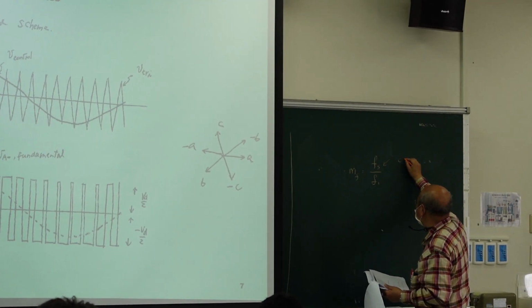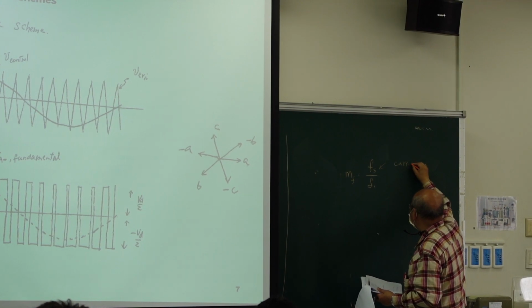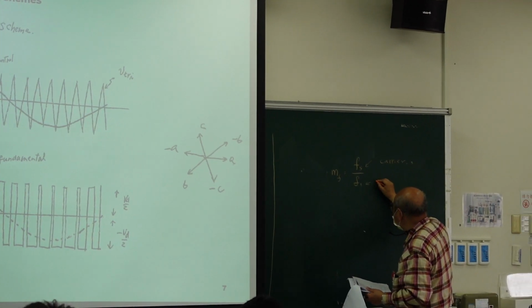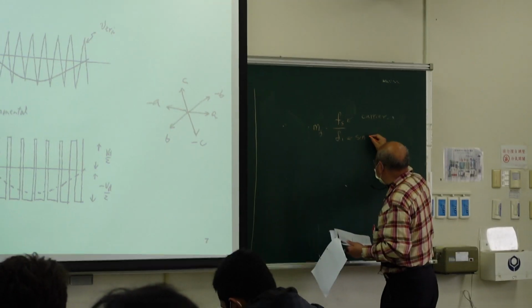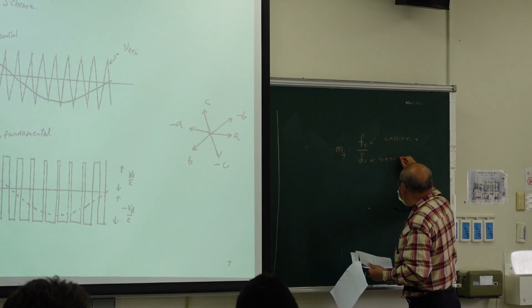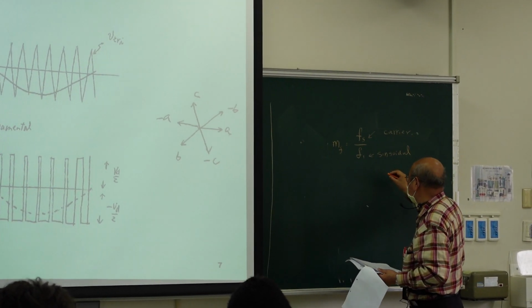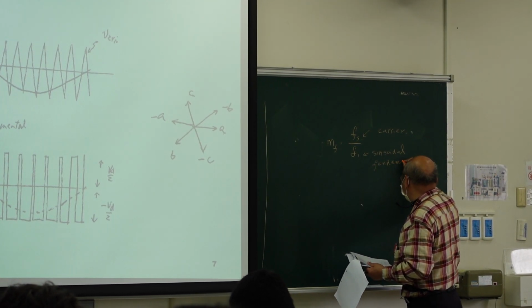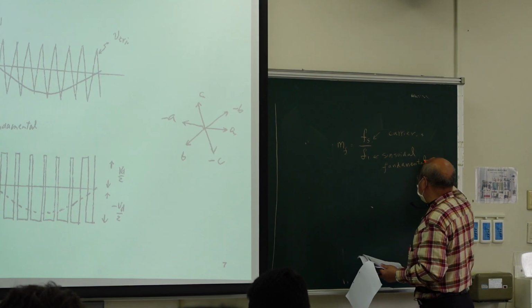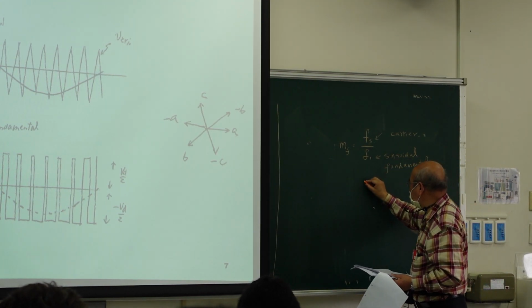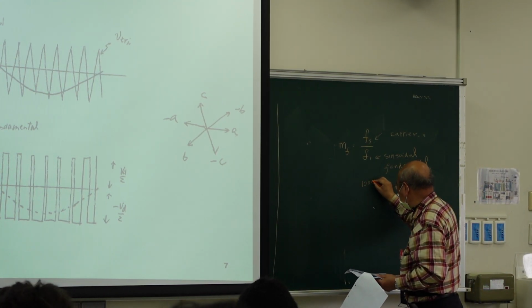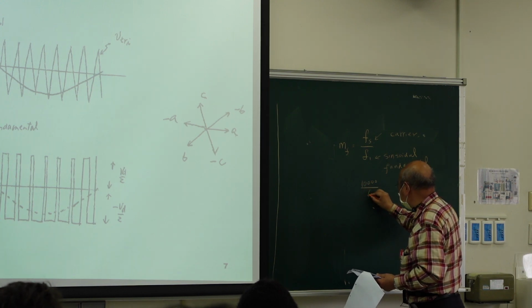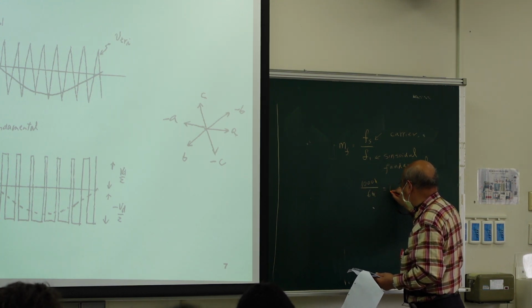This is the carrier frequency, and this is the sine wave, or sinusoidal, or fundamental frequency. So the carrier is 10 kilohertz and the fundamental is 60 hertz. So how many times?